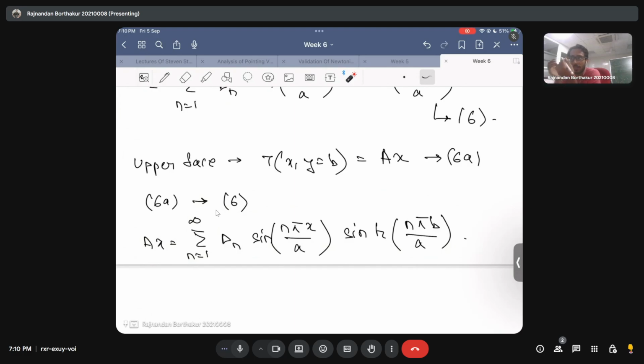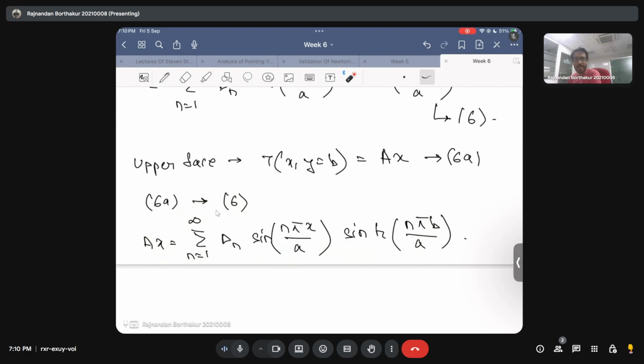The power of orthogonal functions is that any function can be written as a series solution of the orthogonal functions, and that is where the Fourier series, the Fourier coefficients and the Fourier transform actually come from. In true sense, if you have orthogonal functions, you can write any function in space as a series solution of these orthogonal functions, and that's what we have knowingly or unknowingly done here by using the boundary condition on the upper face.